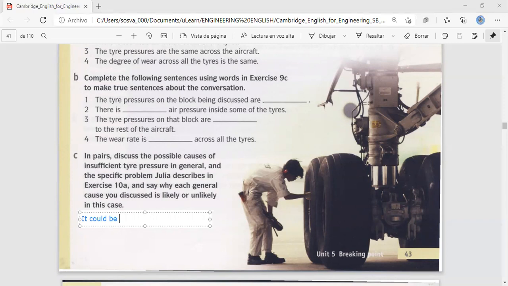So as you said, this low pressure could be caused by pressure loss over time. And it's common.